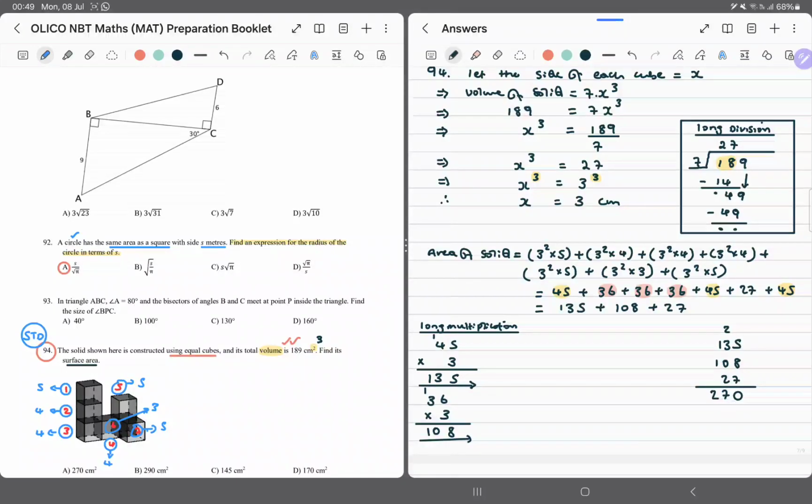Then 1 plus 1, that's 2. So our final answer is 270. Now this is meters or centimeters squared. So this tells us that our answer here is option A.